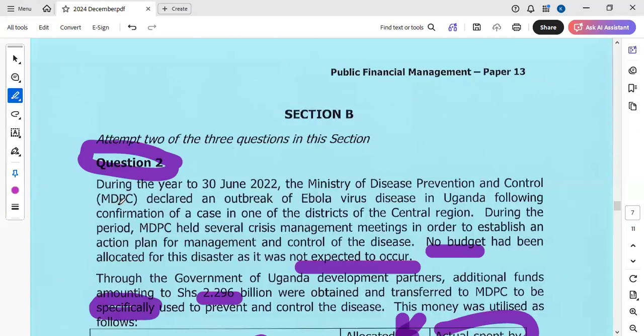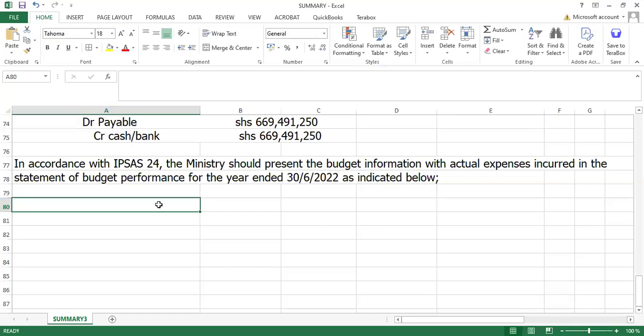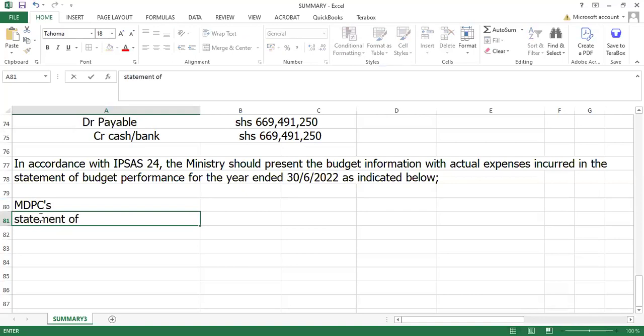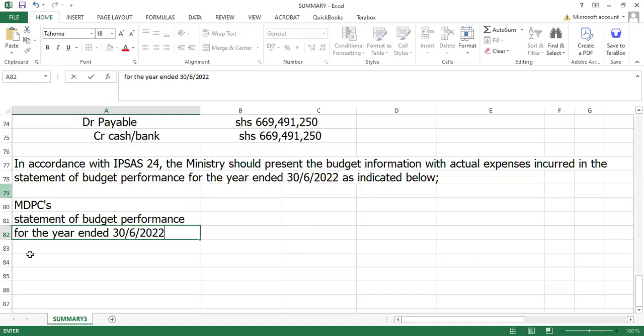We can say that MDPC's statement of budget performance for the year ended 30th June 2022.